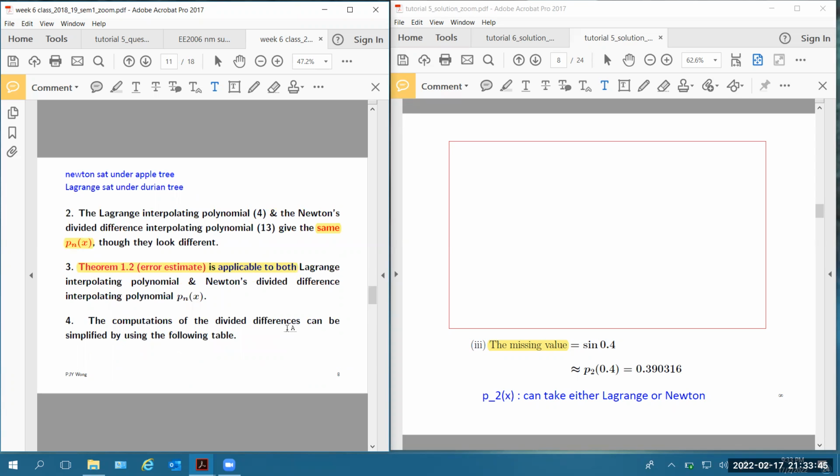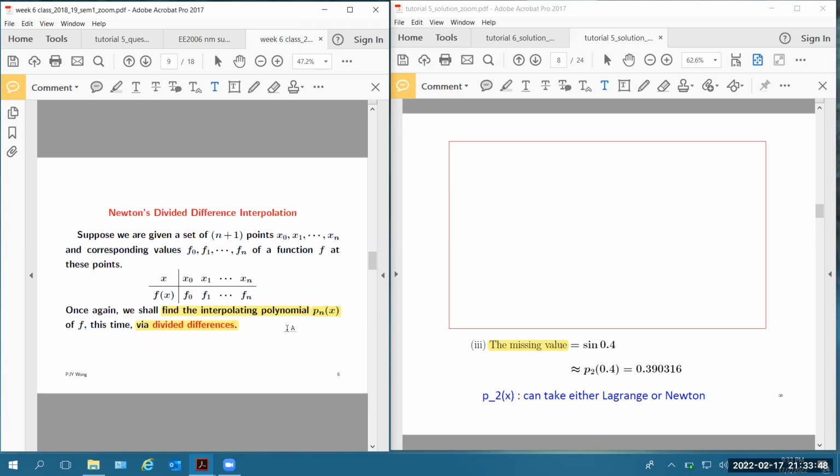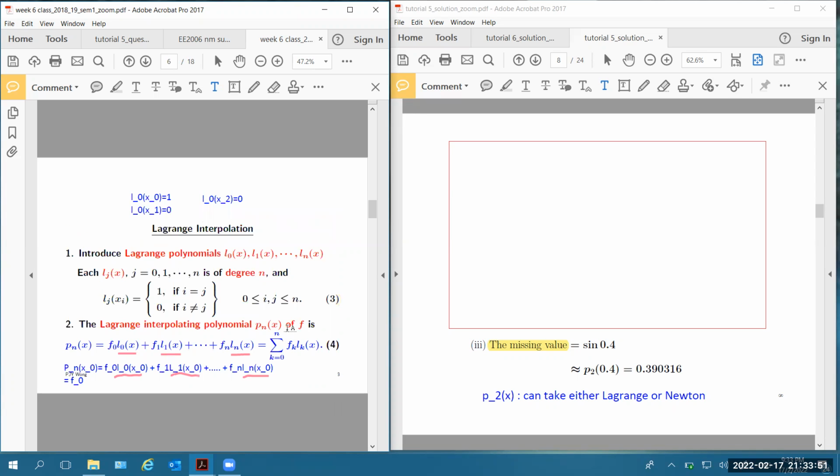Now, how about Lagrange? Is it also like that or not? Okay, Lagrange polynomial is here. Let me go and remove all this. Okay, so suppose here we also add one more point, right? So then you know, oh, I also need this n plus 1. And then x, okay?